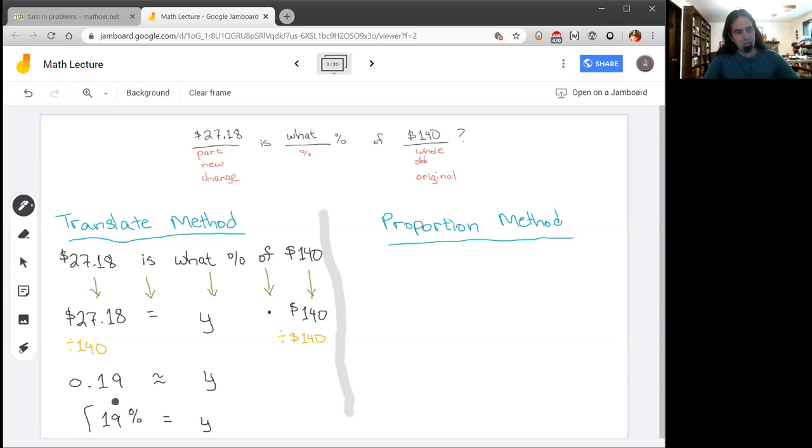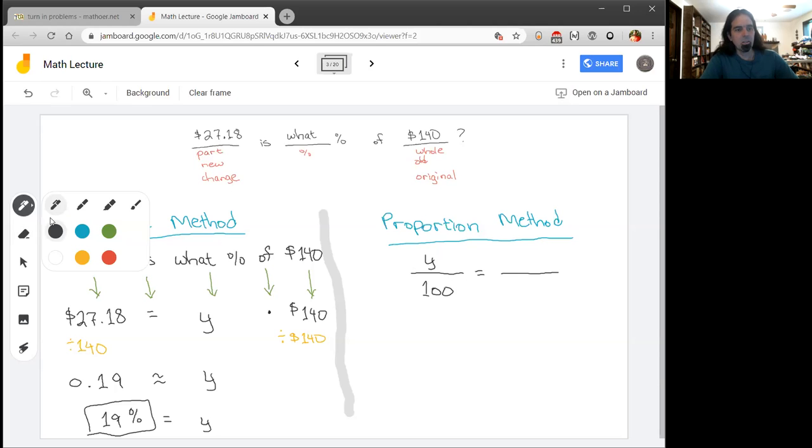If you like the translate method, you're done. You don't have to do it the other way. If you liked the proportion method, then you set up the percent on one side. In this case, the percent is the thing we don't know, how much out of a 100.